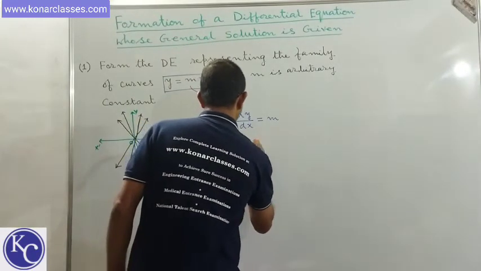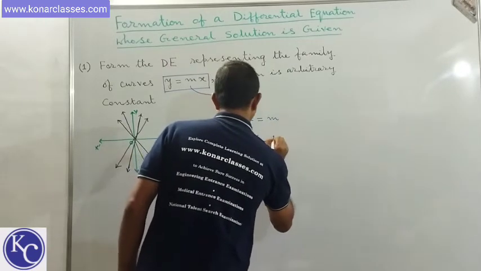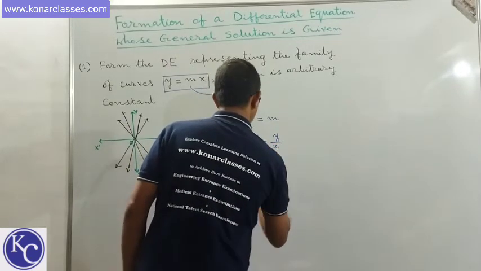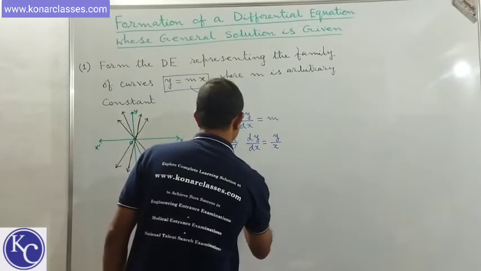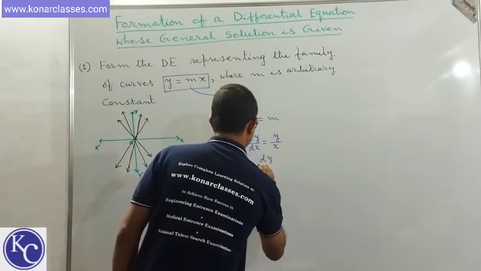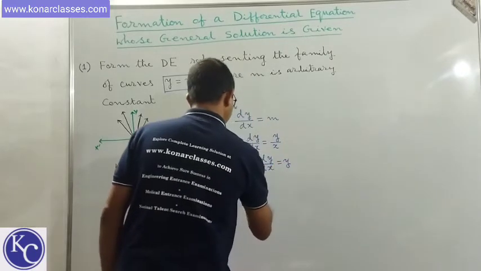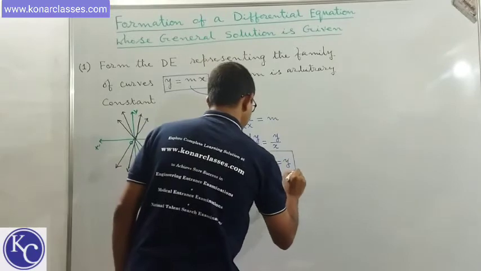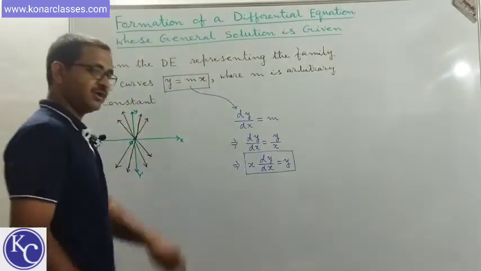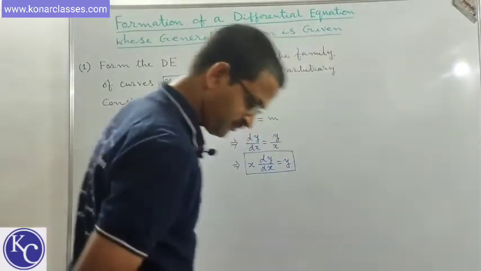So from here we get dy/dx is equal to y by x. Correct? So you can either leave it here or you can write x into dy/dx is equal to y. And this is the differential equation represented by the family of curves y equal to mx. Correct? Let's proceed to the next question.